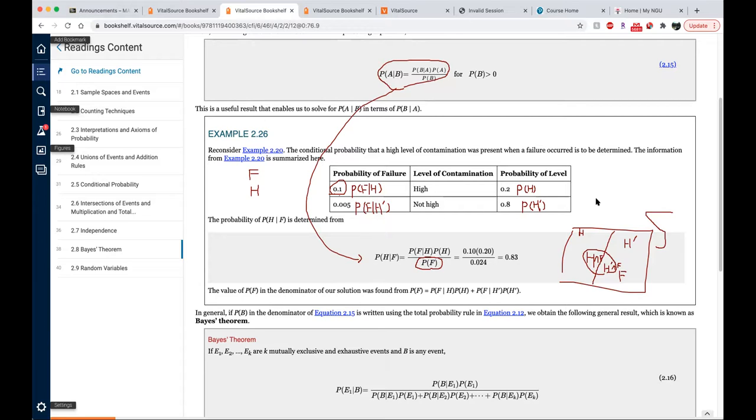If you don't get what I'm saying, please go back to section 2.6 and look at total probability and its example.